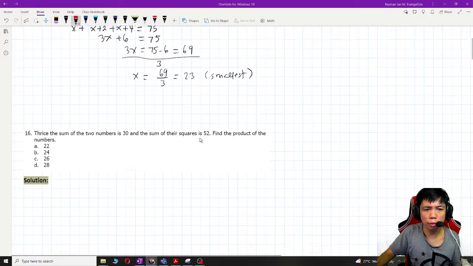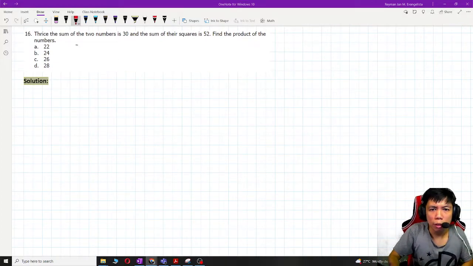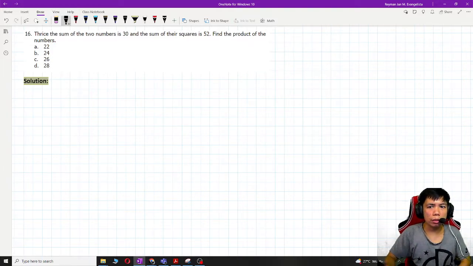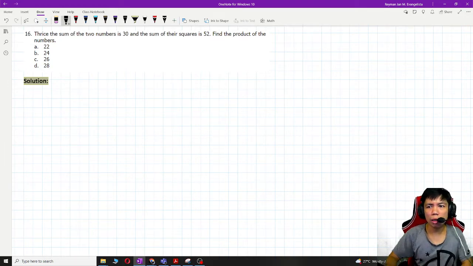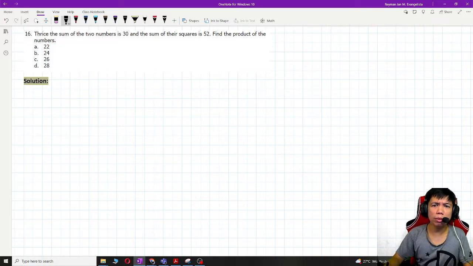Okay, next number. Okay, 16. Thrice the sum of two numbers is 30, and the sum of their squares is 52. Find the product of the numbers. So thrice the sum of two numbers is 30.